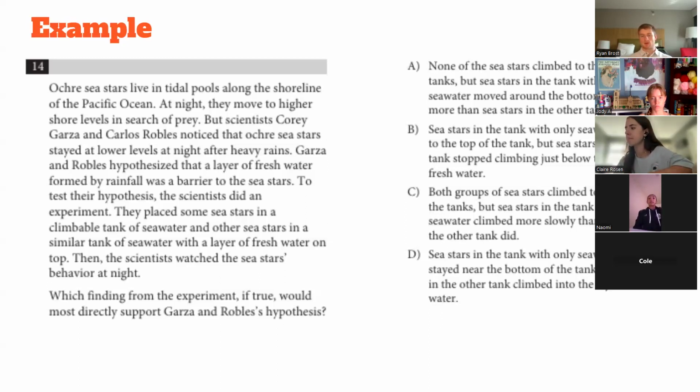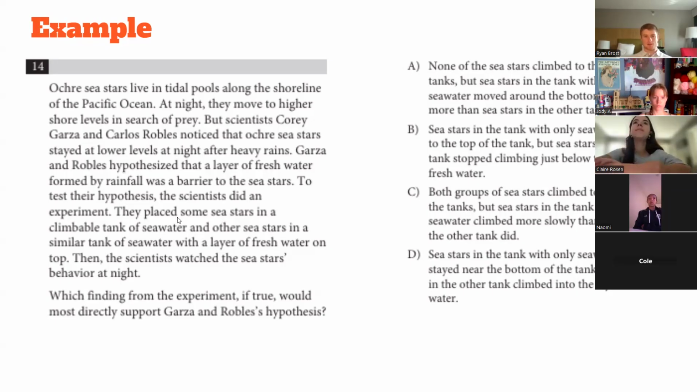Okay. So for this one, we have to find the hypothesis or their claim here, as well as what evidence would best support that. If we read this sentence here, it said Garza and Robles hypothesized that a layer of fresh water formed by rainfall was a barrier to the sea stars. So basically, that's why they wouldn't climb any higher on the shore.